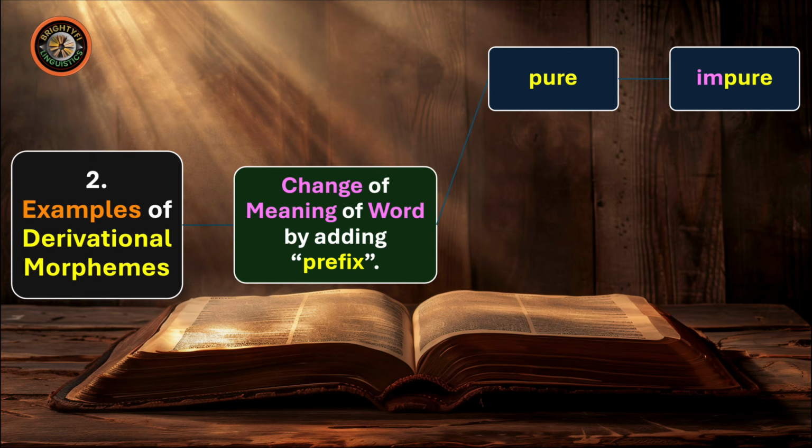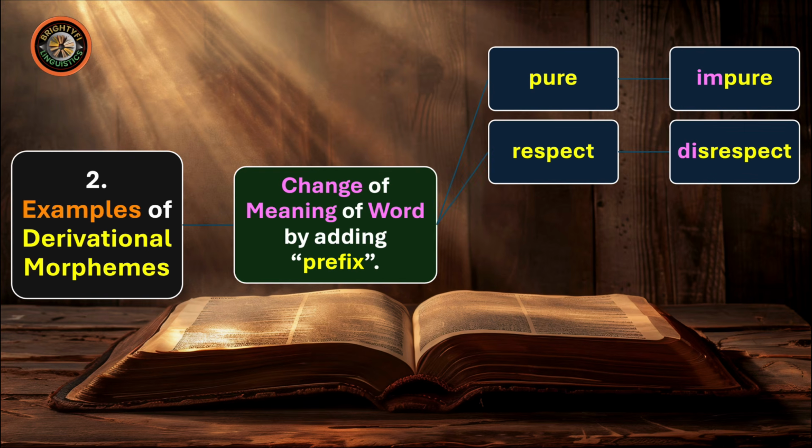Both the words remain adjectives, but here we add im as a derivational morpheme and the meaning is completely changed from pure to impure, because pure is a positive word and impure is a negative word. Now we take another example, respect, and then we add dis: disrespect. The meaning changes, but the form remains the same as verb.